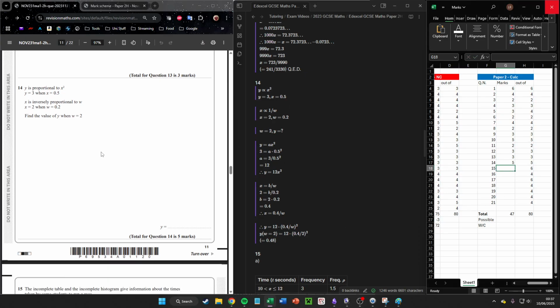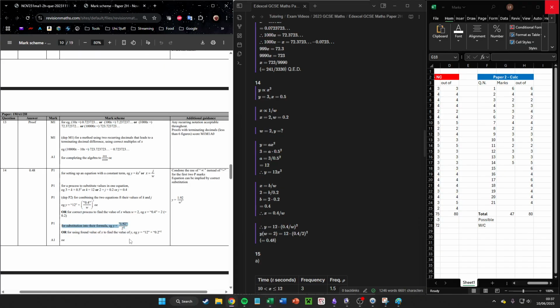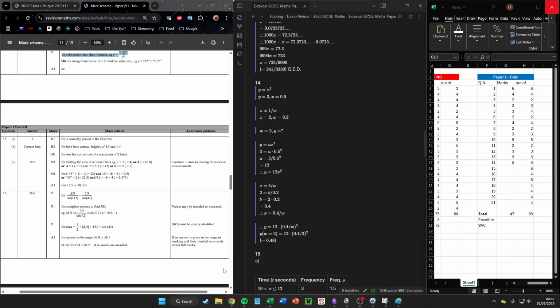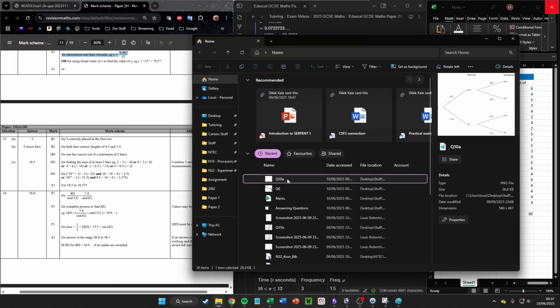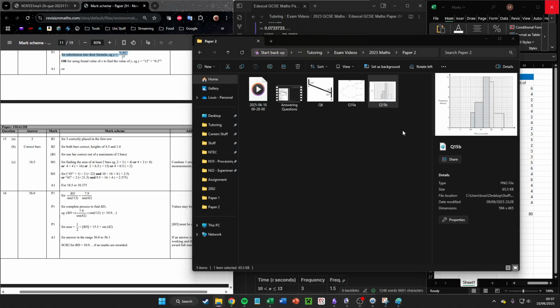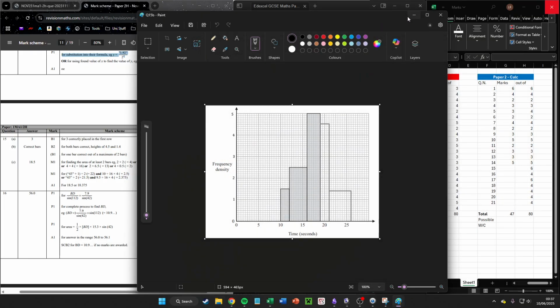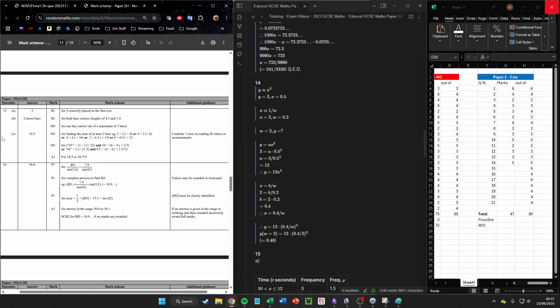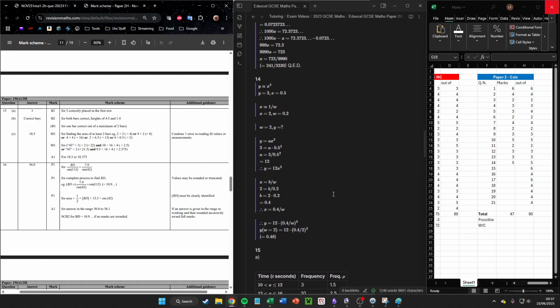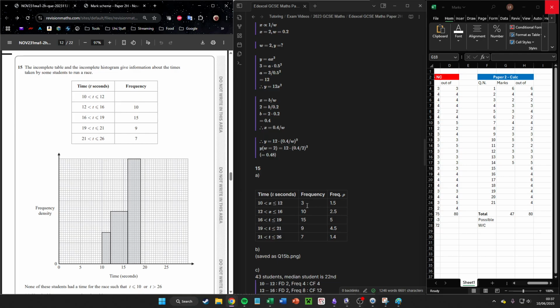Yeah. Question 15. An incomplete histogram and an incomplete table. Let's have a look. I did draw the histogram. Question 15b. So sorry, 15a is doing the table. 15a, 3 correctly placed in the first row. Yeah, you can see that the frequency table looked like this, and I've put 3 there.